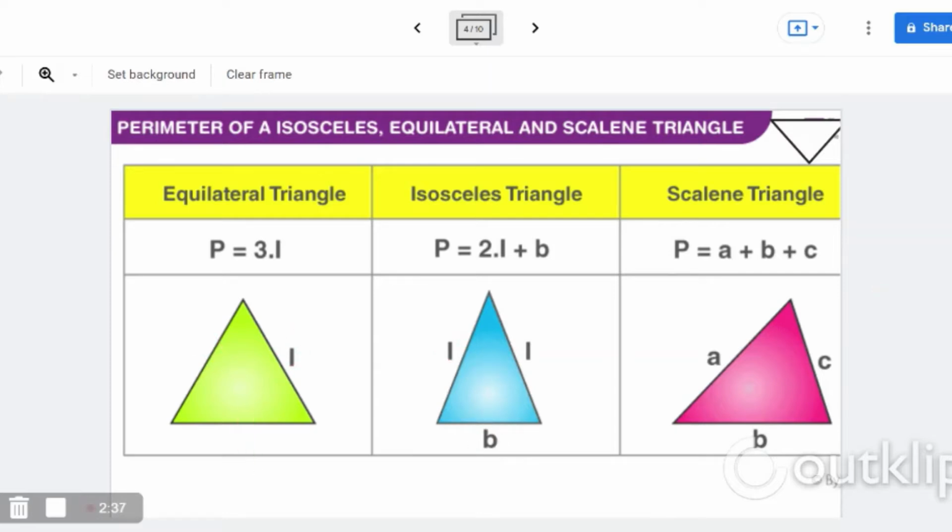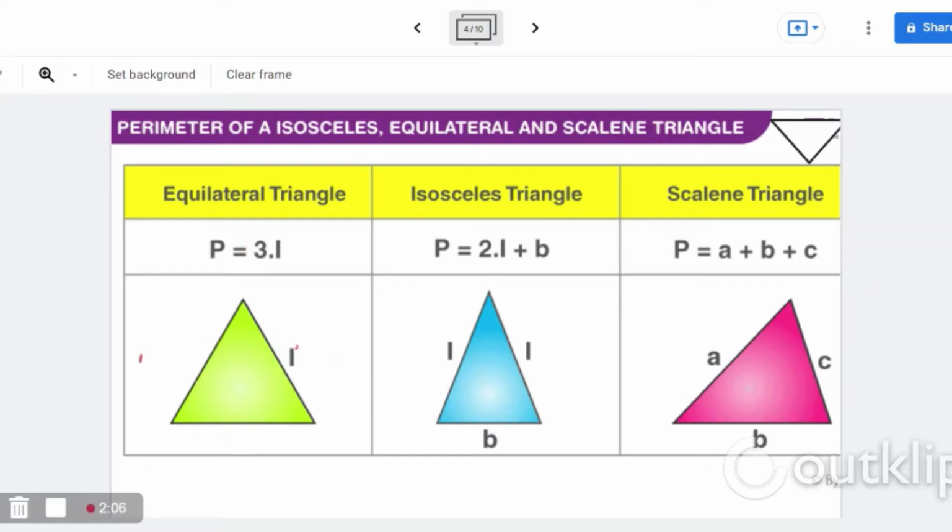Now here you have seen the topic given is perimeter. Perimeter means, whichever type of triangle it may be, either equilateral or isosceles or scalene, it has got three sides. The simplest way to find a perimeter is to add all the three sides. This is the first side, this is the second side, and this is the third side. Either they have added or they have multiplied one side with 3, it is the same thing. If this is 2 centimeters, then this is also 2 centimeters, this is also 2 centimeters.